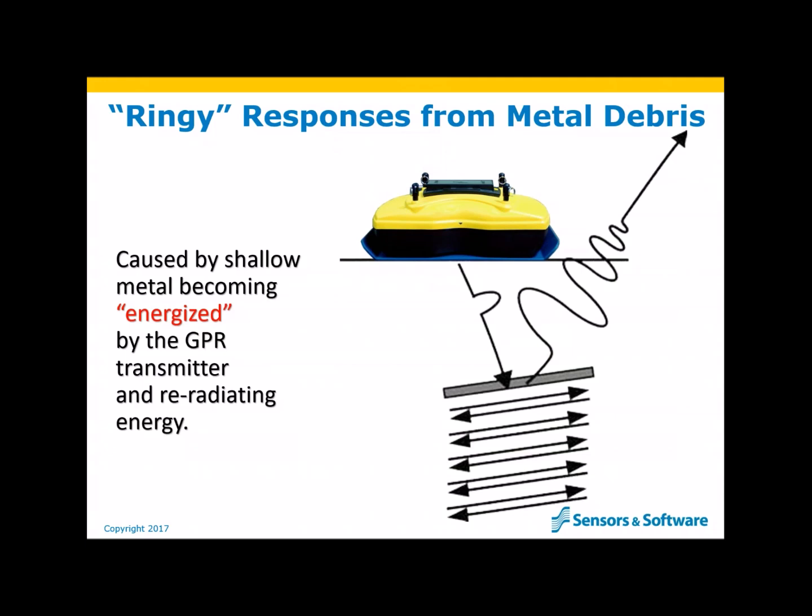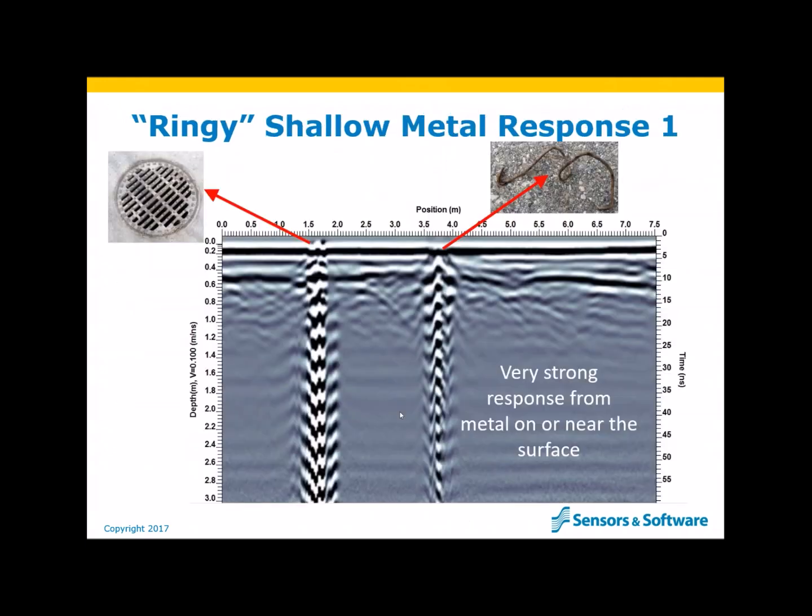What happens is that as the GPR transmitter passes over the metal object, GPR energy gets onto that metal object and turns it into an antenna. The GPR energy travels back and forth along the metal and re-radiates the GPR energy, just like an antenna. The result is what we call a metal ring.